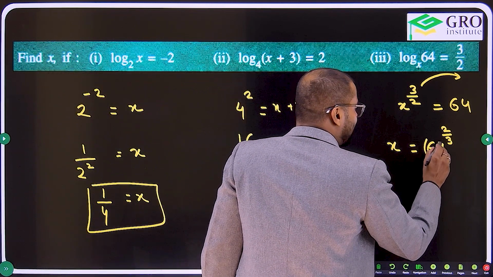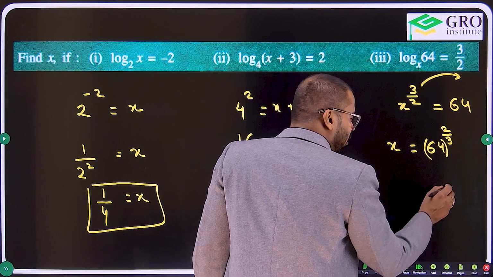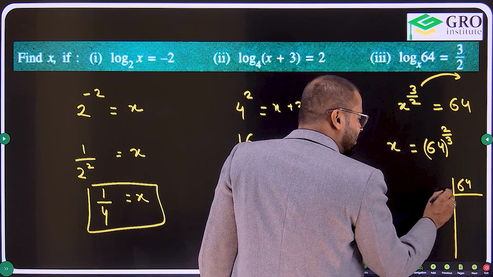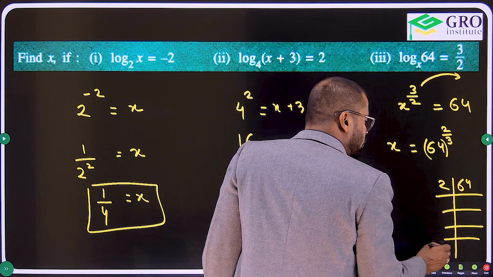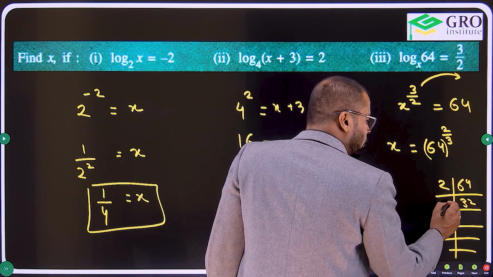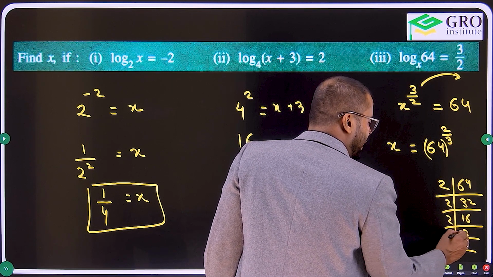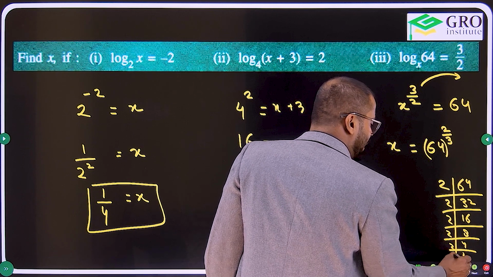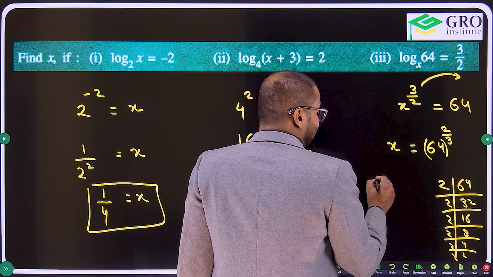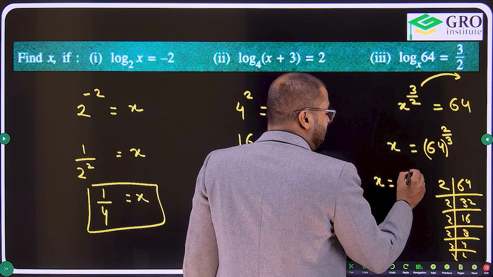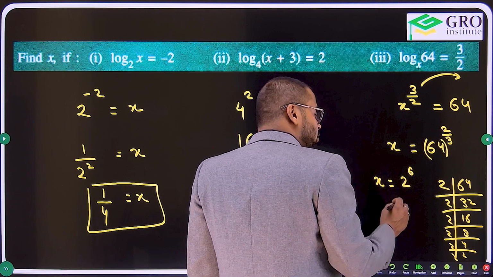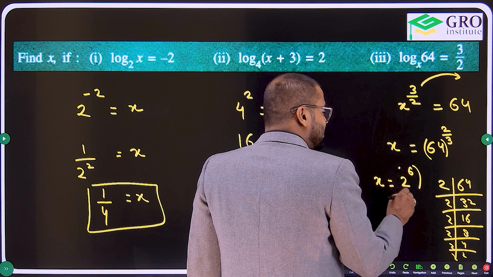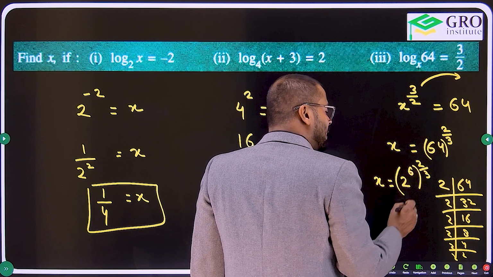Now break 64. When you break 64 like this, 2, 2, 2, 2, 2, 2, 32, 2, 16, 2, 8, 2, 4, 2, 2, 2, 1. So you came to know that x is actually 2 to the power 6, and 2 by 3 is also the power.